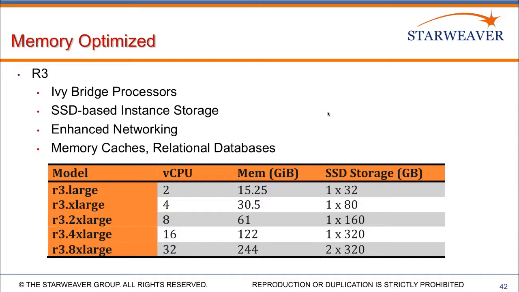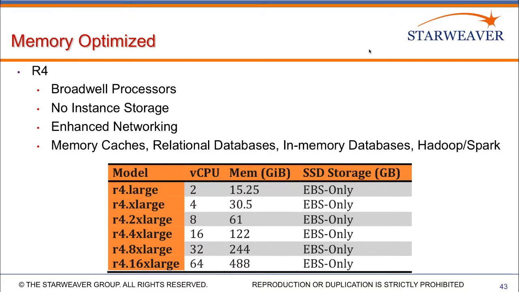Good choice for that. And again, it's good for even relational databases, because relational databases tend to perform a lot better if they can cache results in memory. Okay, and you can see Rs do come with SSD storage.